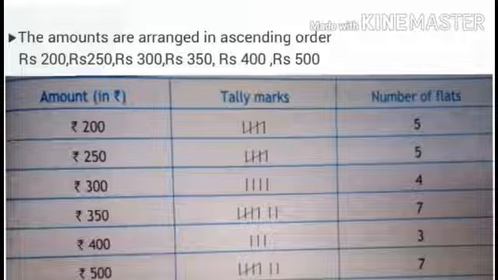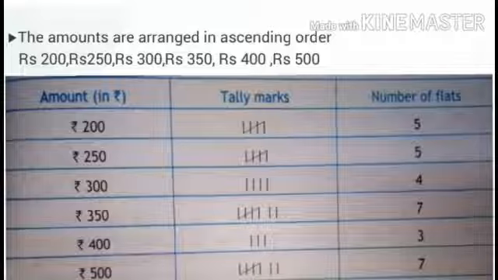Now Mohan and his friends tally the marks. You can see a line here, the straight line first, 1, 2, 3, 4, and a line in slanting position, 5. So we count as 5. So in number of flats, that means how many houses have given them rupees 200.